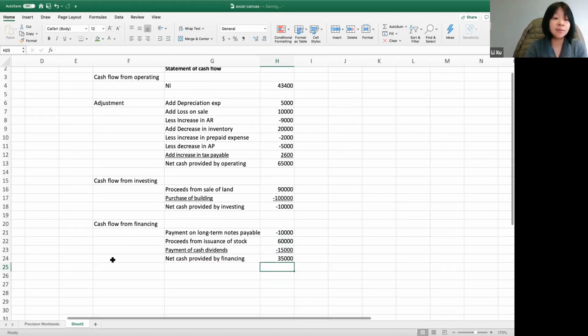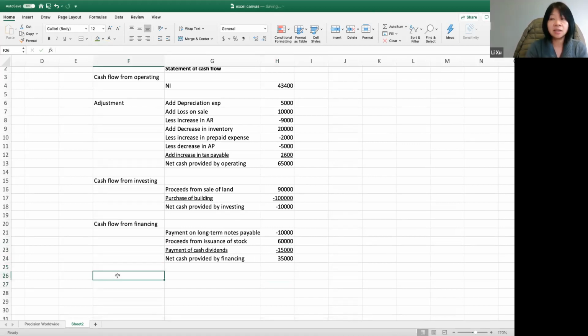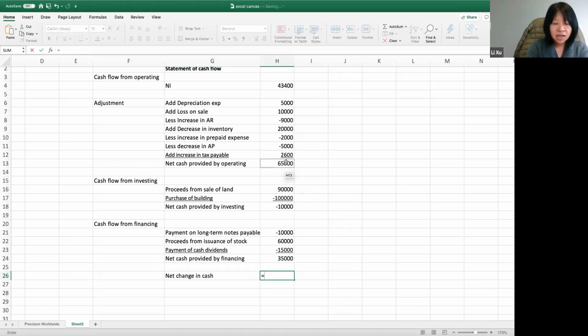All right. Now we need to finish the statement of cash flow. In the past we have had students just stop there. That's not right. This is not the end. What you need to do is figure out the net change. How do you get the net change? The net change is the sum of CFO, CFI, and CFF, okay, which gives you 90,000.